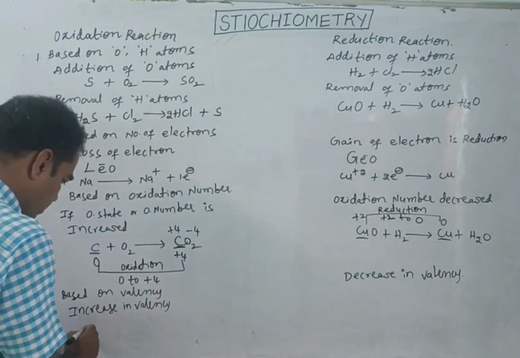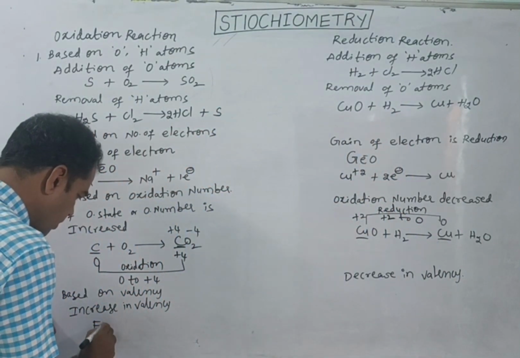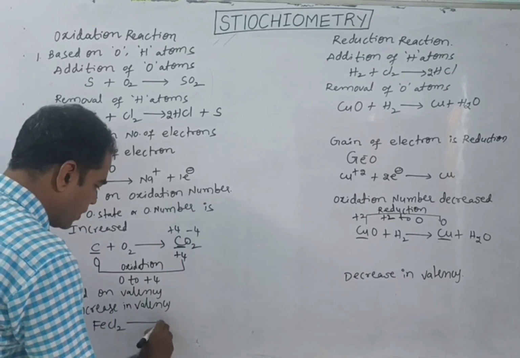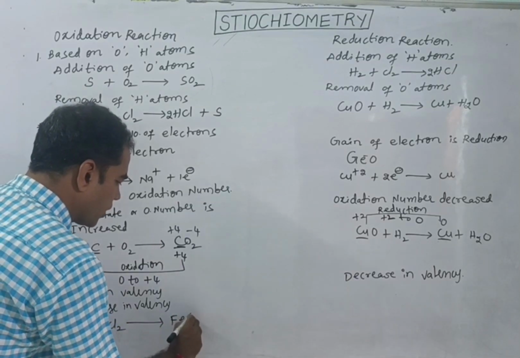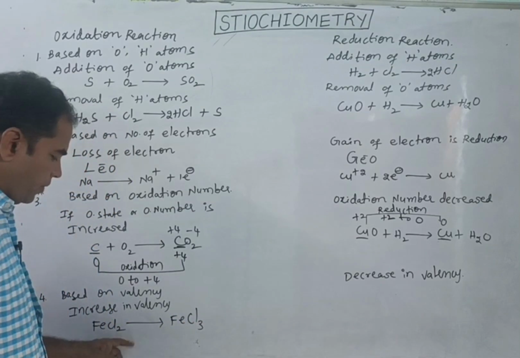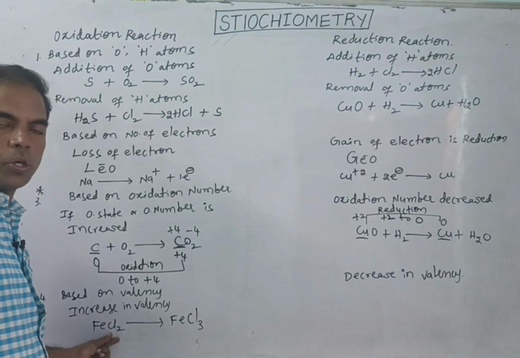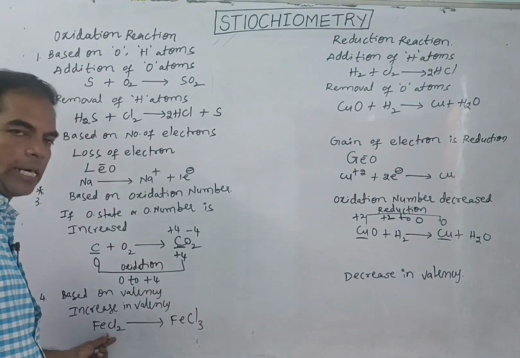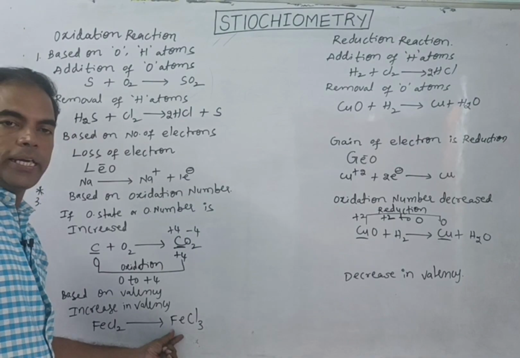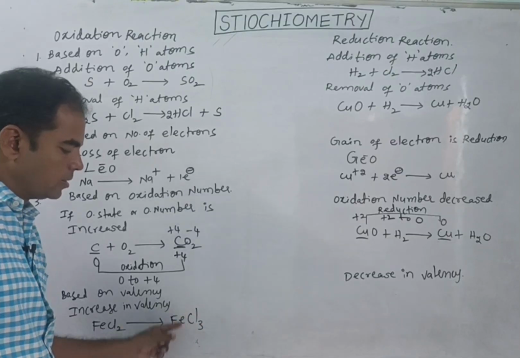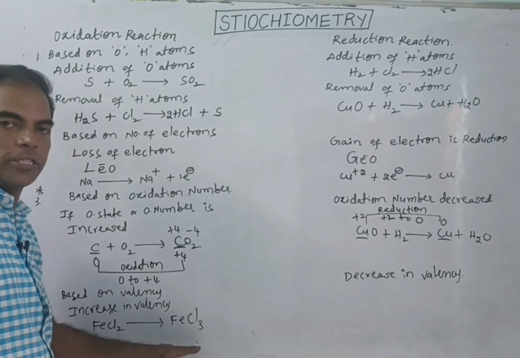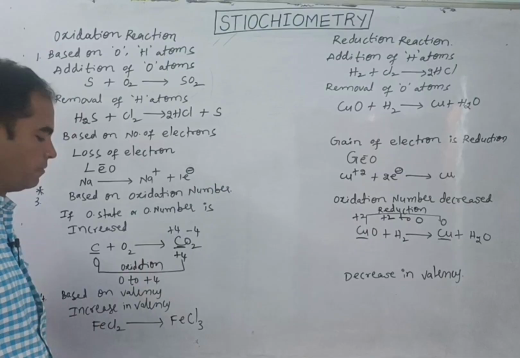Take one example. Here FeCl2, ferrous chloride, to FeCl3, ferric chloride. In ferrous chloride, Fe is bonded with 2 chlorine atoms, hence valency is 2. Here Fe valency is 3 because 3 chlorine atoms are attached. 3 chlorine atoms are bonded with Fe.